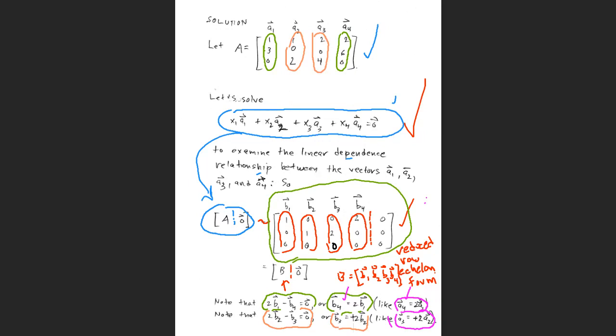If you know what vector A2 is, you know what vector A3 is. So you only need vectors A1 and A2. So this means that the set of vectors A1, A2 is a basis for this space H.